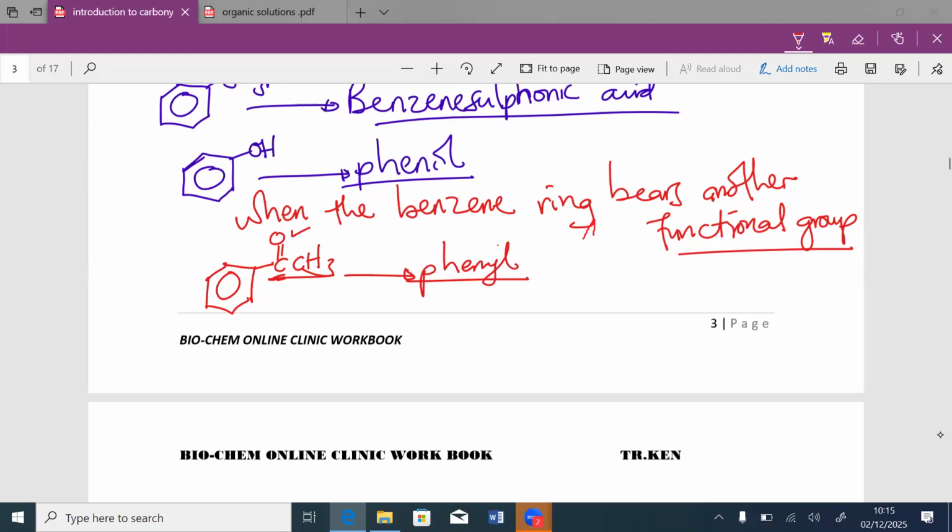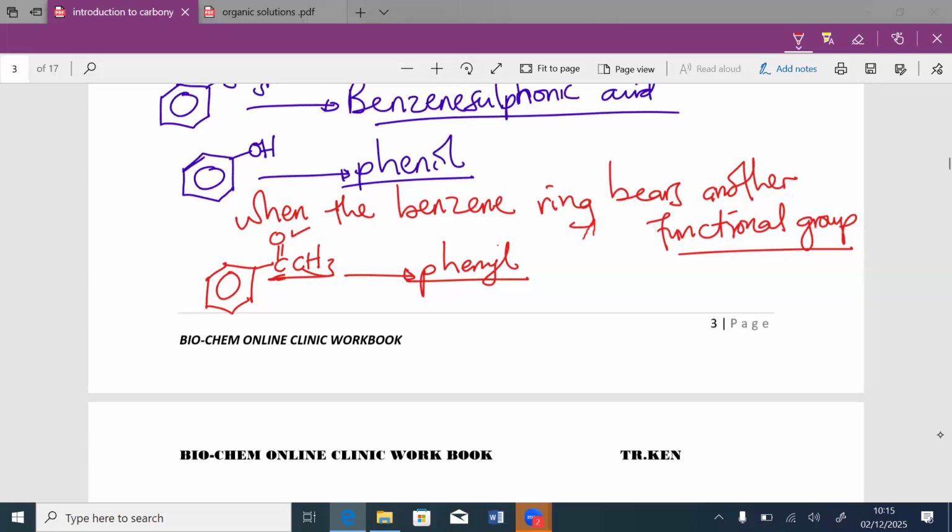Why? Because benzene in this case is acting like a substituent group. It's acting like a group that has been attached onto that compound. The same way we can say this is methyl, maybe methylpropanol, like that.